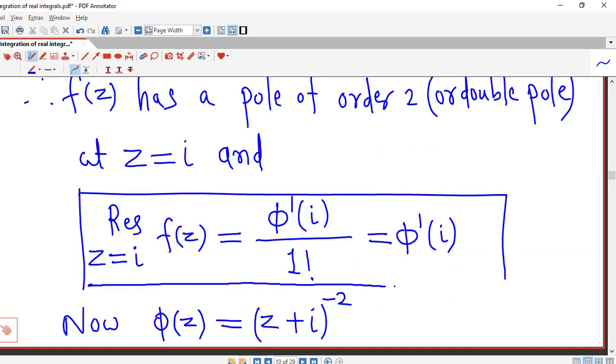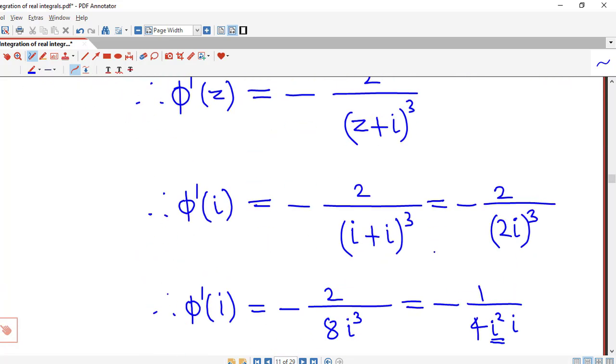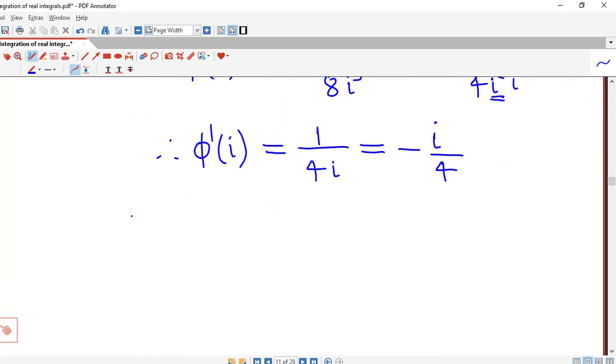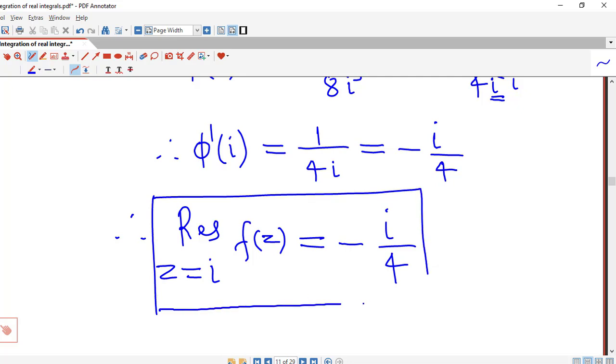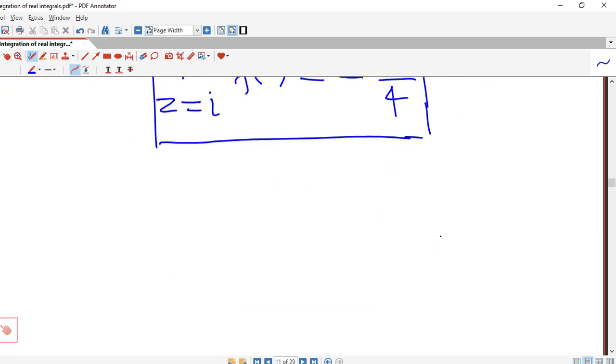Now we substitute this value here, and we obtain the residue of f of z. The residue of f of z at z equal to i is phi dash i, which is minus i by 4. And there is only one pole in the upper half plane, so now we can apply that result.